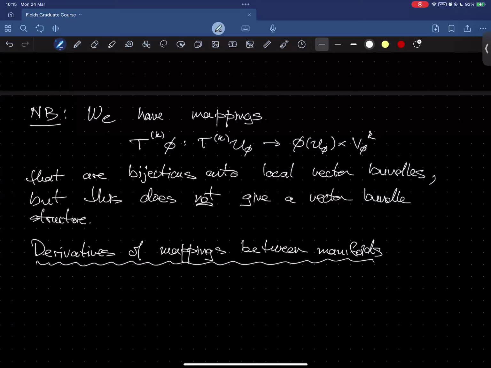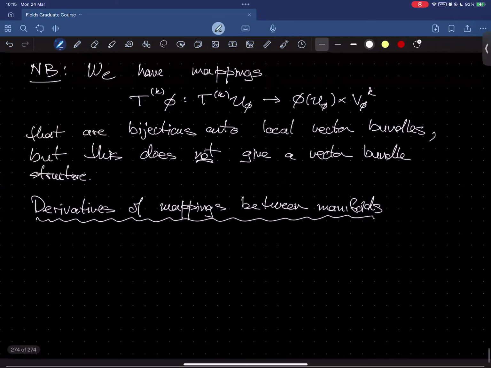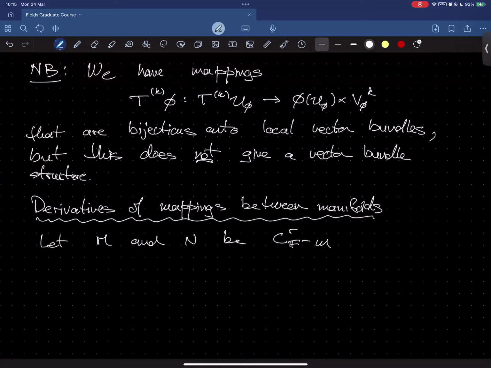It's of class C^r if its local representatives are of class C^r. But we haven't actually said what the derivative is. If you have a mapping that's of class C^r, you should be able to talk about its first derivative, its second derivative, up to its rth derivative. But we haven't done that yet. Okay, so let's see how you might do that. All right, so let M and N be C^r manifolds.